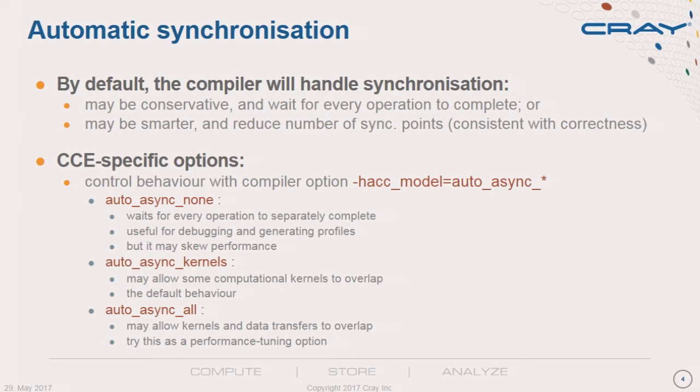But for CCE, you can change this behavior by using the compiler flag -h acc_model=auto_async_none, from none to maybe kernels or all, and then the synchronization is done also on a different level.